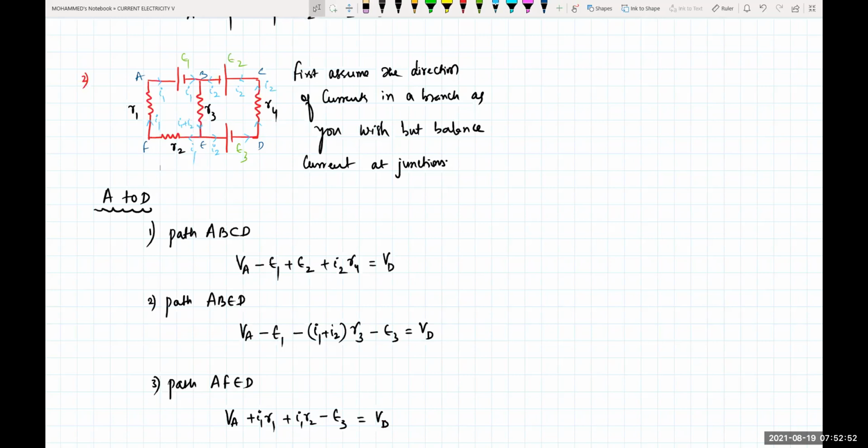These are only examples to help you learn how to write the sign conventions. You need to practice the sign conventions very clearly. The same direction as the current: minus I into R. Opposite direction to the current: plus I into R. If a cell is coming in between, whatever the terminal of that cell where we are ending, that sign we need to take into consideration.